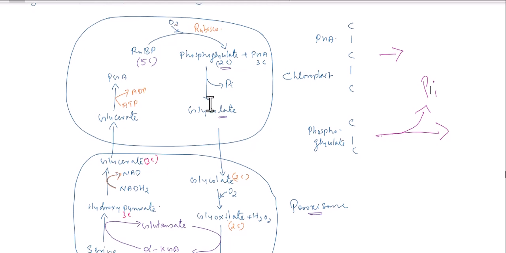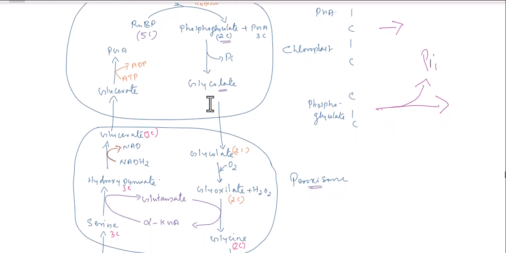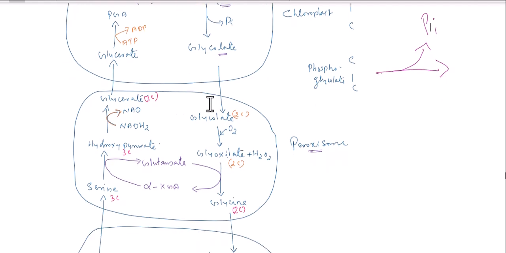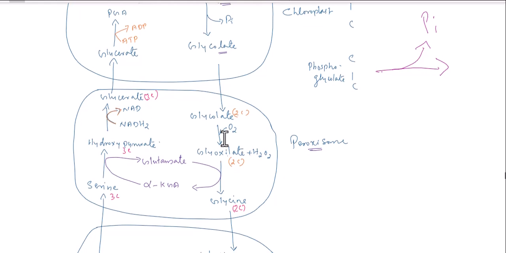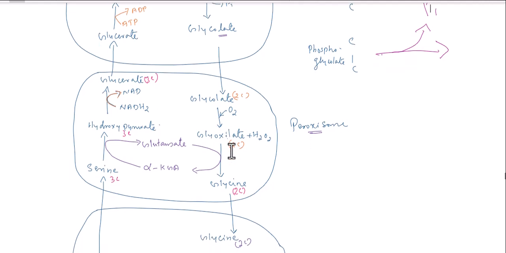Glycolate enters into the second organelle, the peroxisome. Here the glycolate combines with oxygen, another oxygenation, to form glyoxylate and hydrogen peroxide.